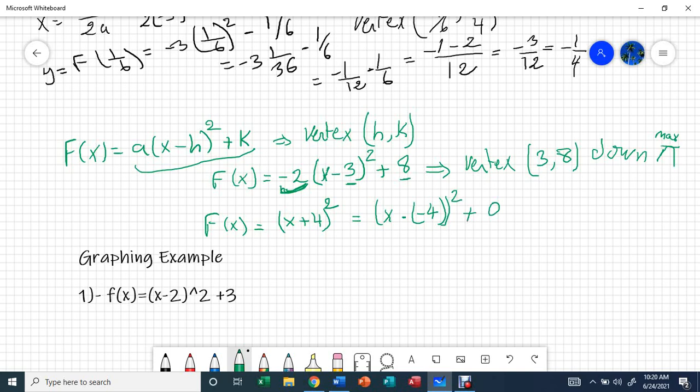I don't have k, so replace it with 0. Now I have the same looking formula. So my vertex will be what? (h, k), and h is negative 4, not positive 4, so you have to pay attention to that double negative, and k is 0, so my vertex is (negative 4, 0). And a is 1 here, so it's positive, so it opens up and has a min.